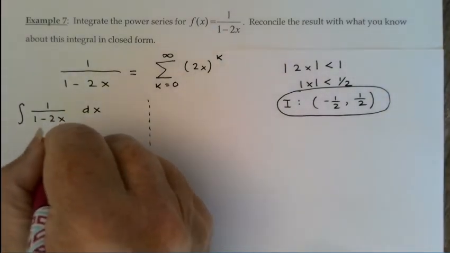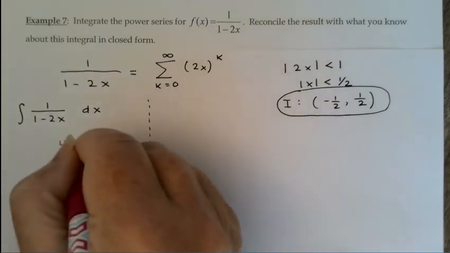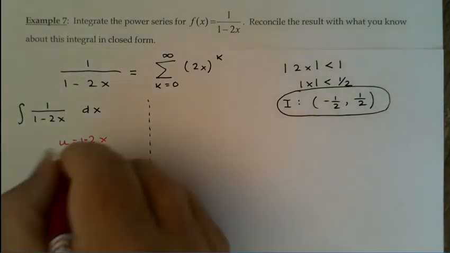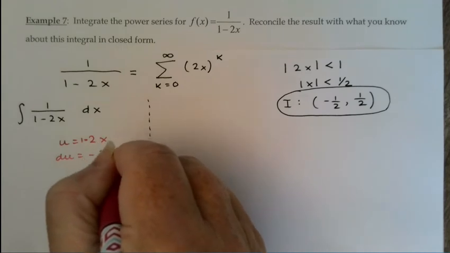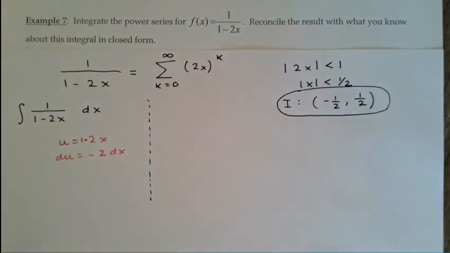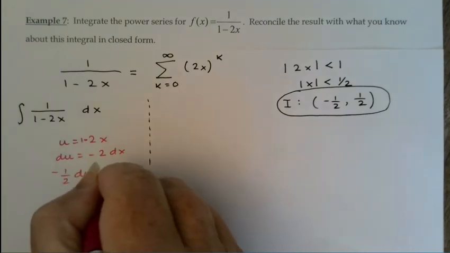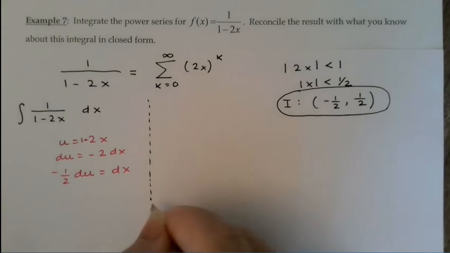Actually, we want to have the whole denominator. u equals 1 minus 2x. So du is negative 2 dx. And I'd have negative 1/2 du equal to dx.